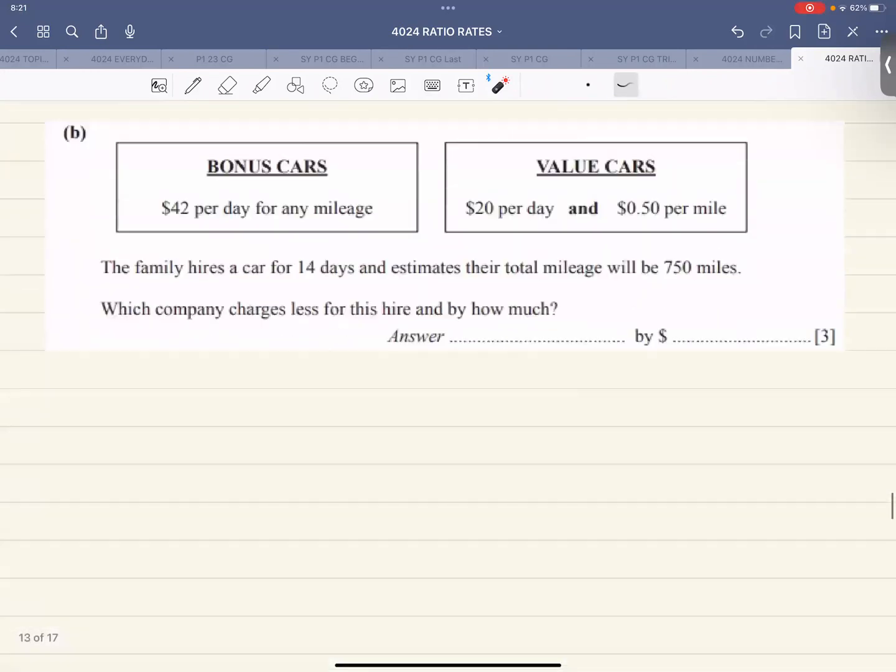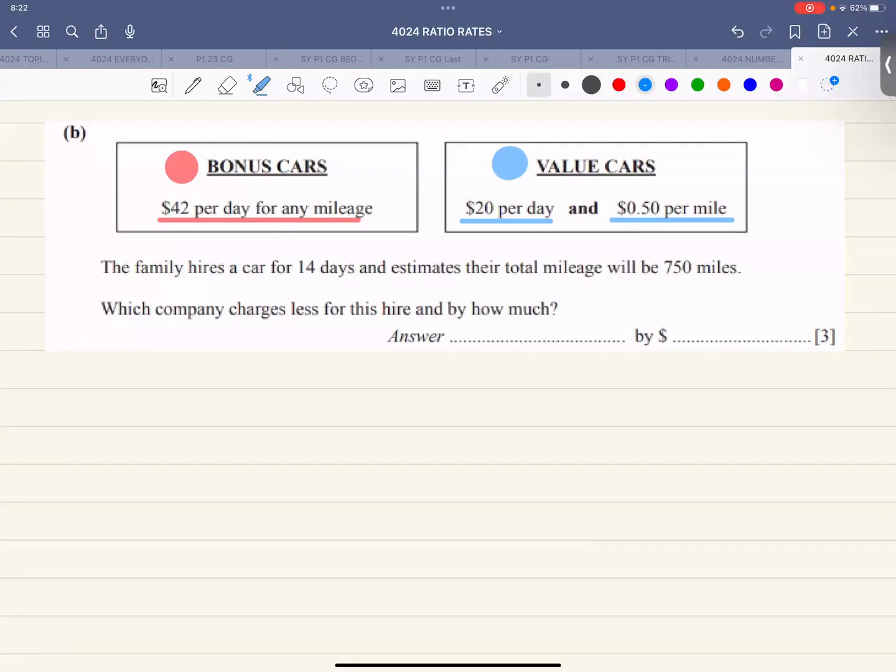Now let's look at this part. Now the question says they are talking about 2 kinds of cars. There is the bonus car, and then there is the value car. The bonus car runs for 42 per day for any mileage, and the value car, they run for how much? $20 per day and 0.5 per mile.